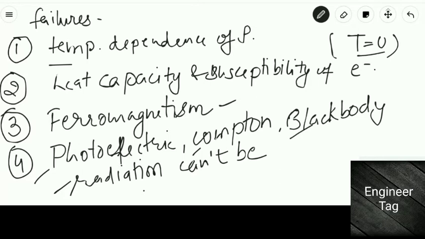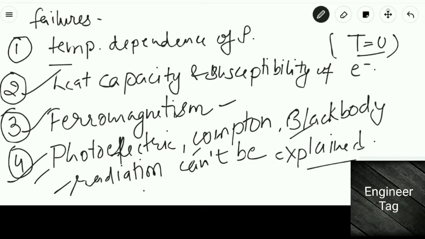But in the classical theory, we have considered energy to be continuous. So these phenomena were not explained by the classical theory of free electrons. That is, temperature dependence of resistivity; second, behavior of heat capacity and susceptibility of electrons; fourth, ferromagnetism nature of material; and the last one, photoelectric effect, Compton effect, and black body radiation. These phenomena cannot be explained by the classical theory.